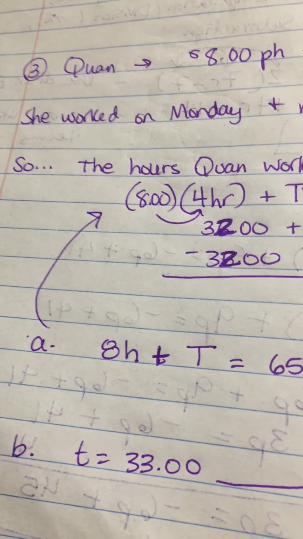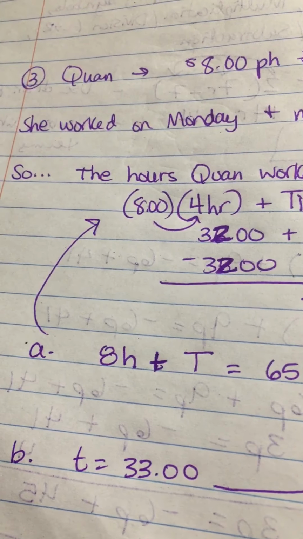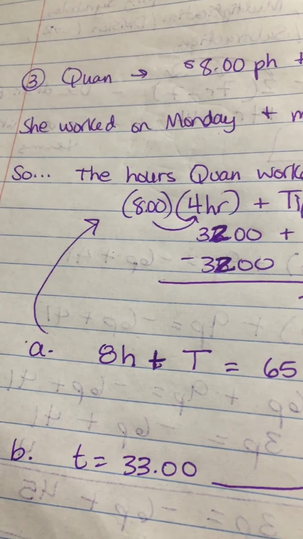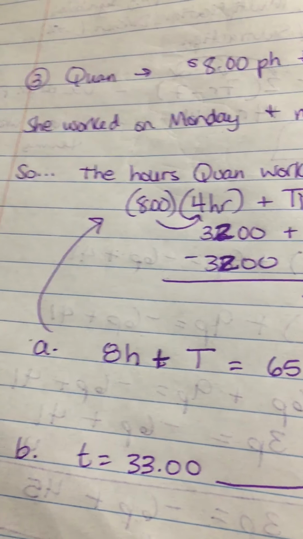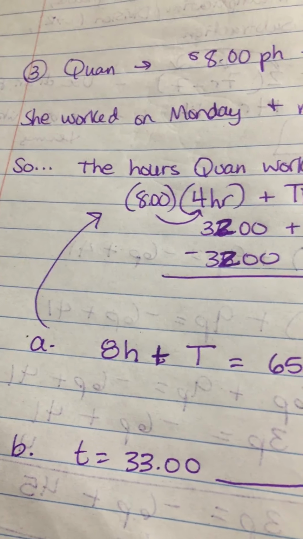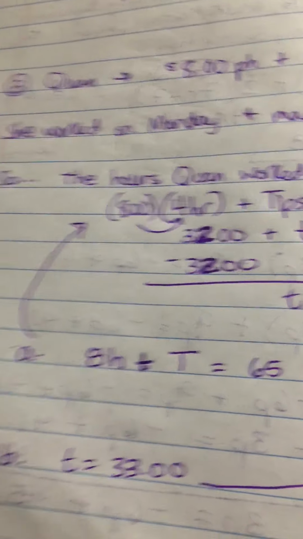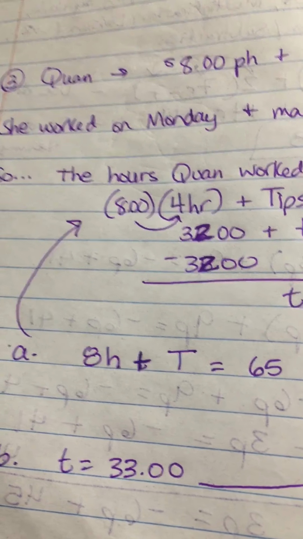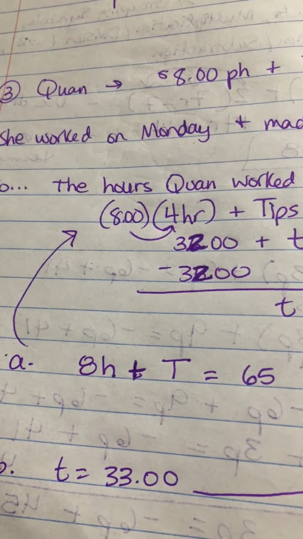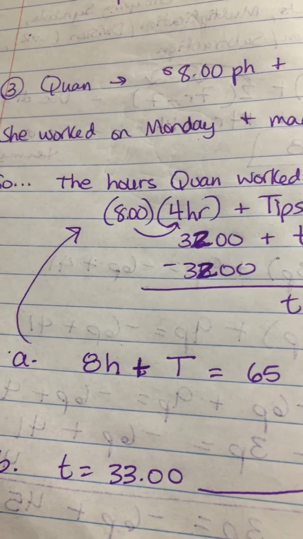If she worked 10 hours on Sunday, she would make 8 times 10, which is 80. If she worked 1 hour on Tuesday, that would be 8 times 1, which is $8, and so on. So that is how we can figure out that she made $32, because 8 times whatever number you substitute for H gives you her base pay.